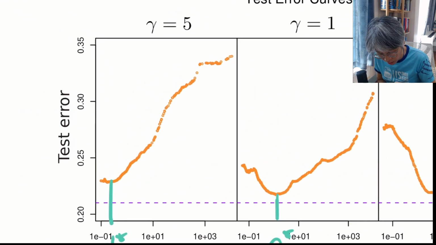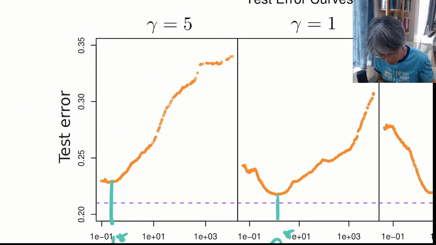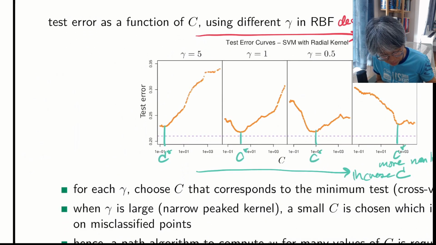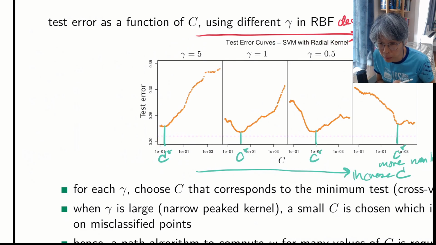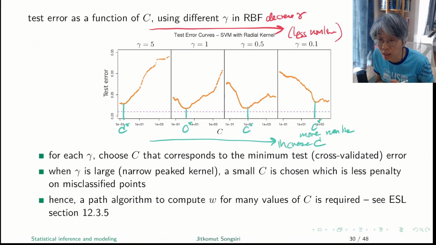From these cross-validation steps, it seems that you have to compute multiple times, depending on how many values of gamma and how many discrete values of C you pick. So you have to solve the SVM multiple times. In terms of algorithm, there's a path algorithm to compute the weight W for many values of C. The detail is in the textbook.